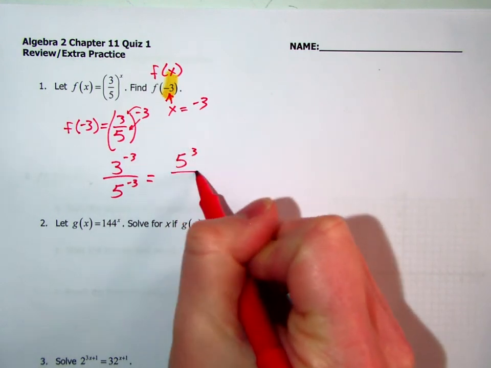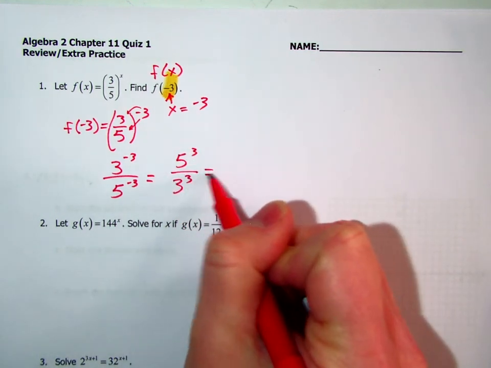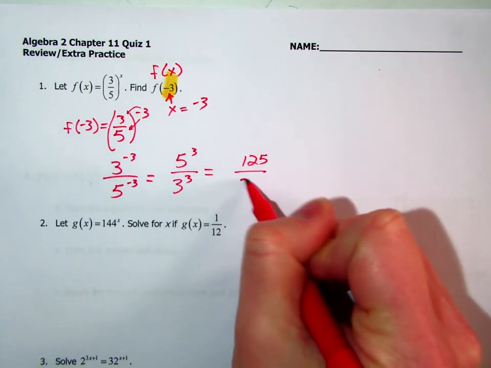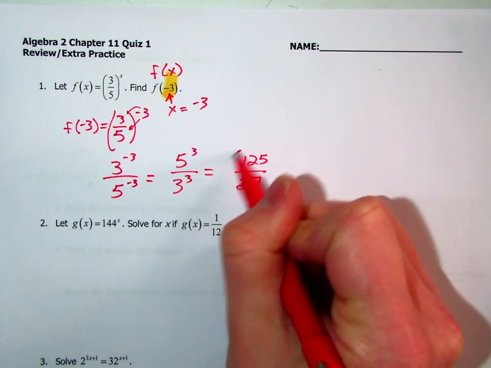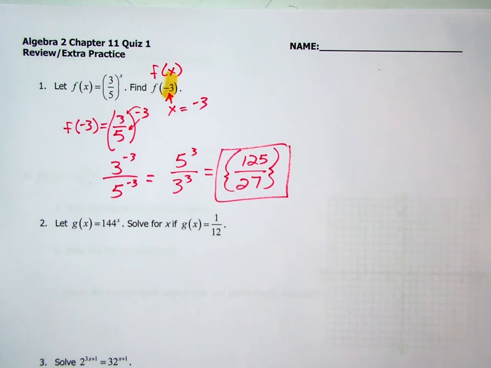So 5 to the 3rd on the top and 3 to the 3rd on the bottom. And 5 to the 3rd power is 125, and 3 to the 3rd power is 27. So our final answer is 125 over 27.